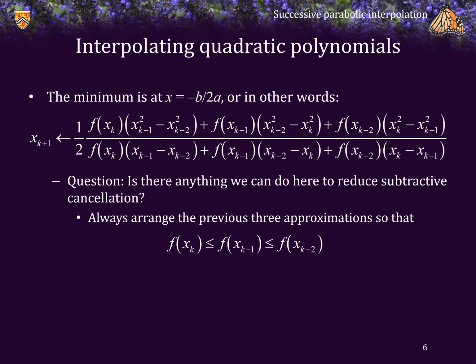Well, the first thing we're going to do is at every single step, we're actually going to rearrange the previous 3 points so that the most recent is also the one that has the least value. The second most recent has the next smallest value, and so on and so forth. And so at every single step, the most recent point, x sub k, will be the one that is smallest.